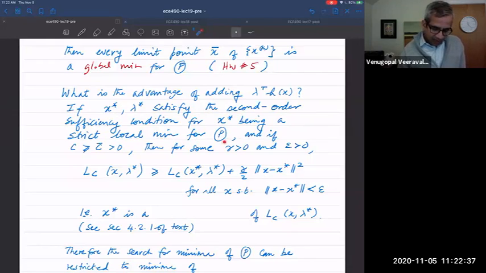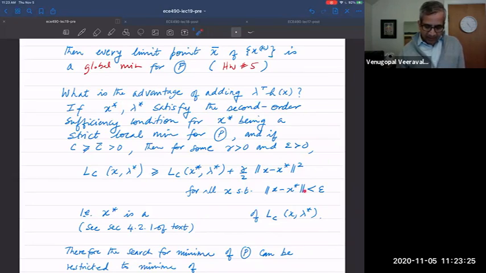Then as long as c is bigger than some threshold c bar, it doesn't have to go to infinity, just above some threshold c bar, you can show that there exists a gamma positive and an epsilon positive such that the augmented Lagrangian function, for any value of x, is lower bounded by the augmented Lagrangian function at x star, lambda star, plus this term, gamma times the norm of x minus x star squared.